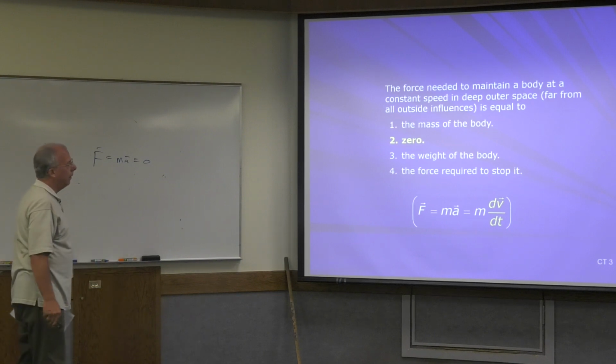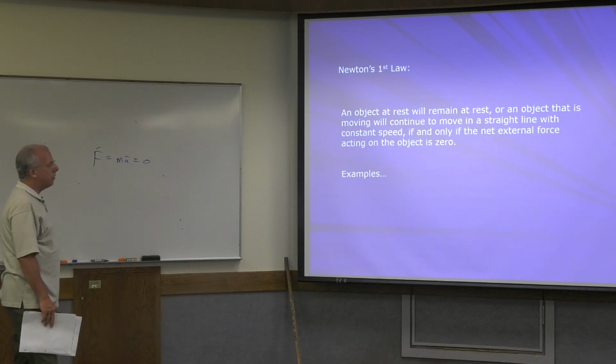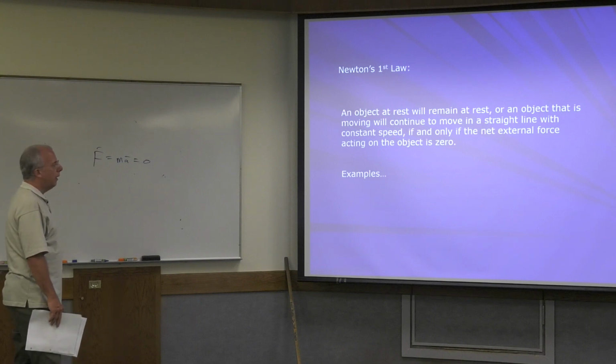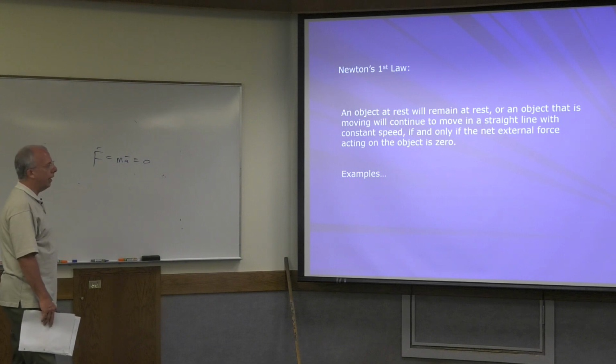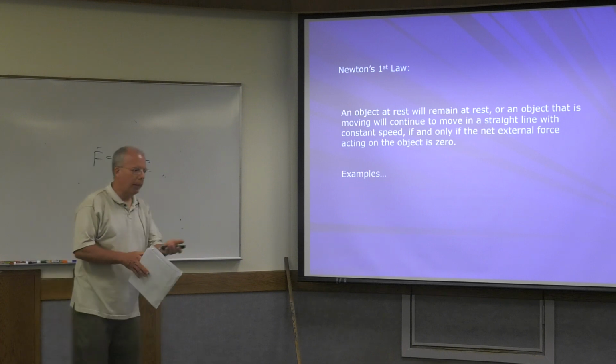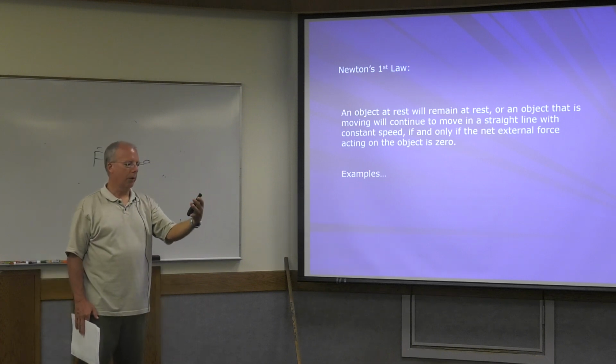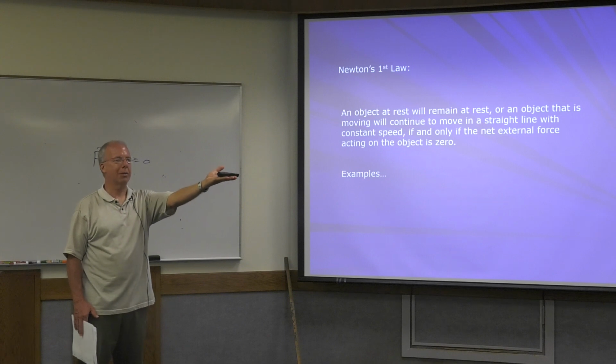Okay, here's Newton's first law. An object at rest will remain at rest, or an object that is moving will continue to move in a straight line with constant speed if and only if the net external force acting on the object is 0. That kind of makes sense, right? Here's this remote mouse.